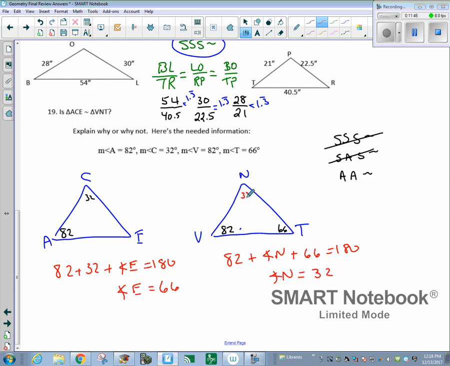So knowing this, I have all three pairs of angles congruent, but I only need two of them. So these two triangles are similar by angle-angle similarity, because I only need two pairs of angles congruent and I have three. So this concludes our video for examples 11 through 9.